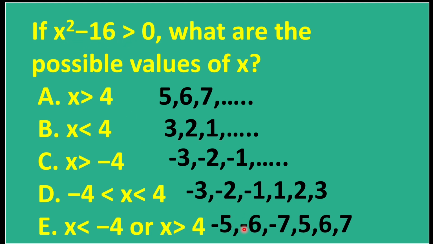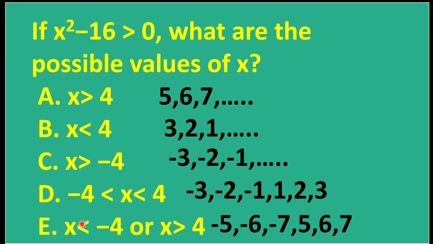Now look over here. Although this option is correct, there are some other possibilities, and these possibilities are these: if your x is less than minus 4, then your question will also be correct. So the correct option for this question is basically option E, because both possibilities satisfy this condition.